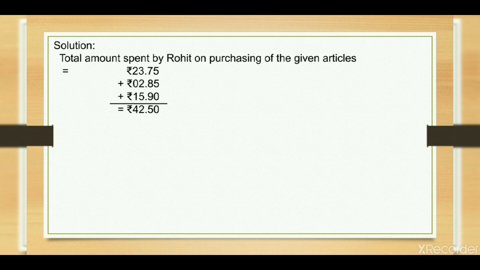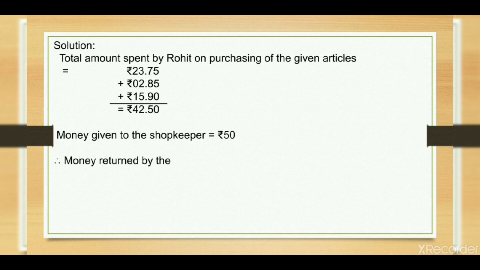Remember the steps of addition. I have already explained the steps, so remember those steps and follow those steps to add the decimal numbers over here. After adding, the total amount to be given by Rohit to the shopkeeper is 42.50. If he has paid a 50 rupee note, so he will be getting some money back. How much money will he be getting back after paying 42.50?